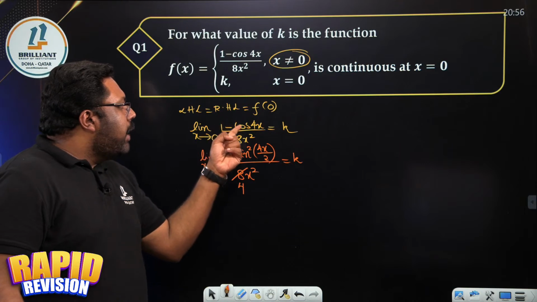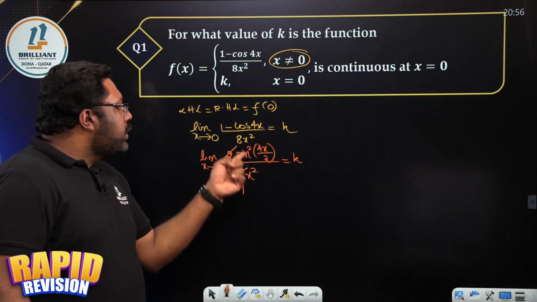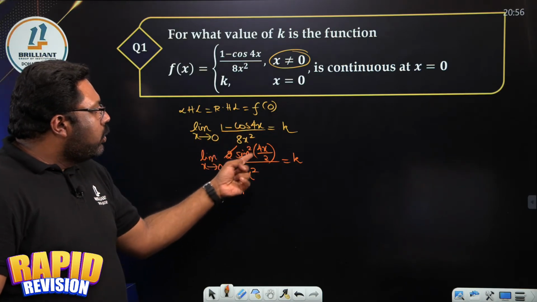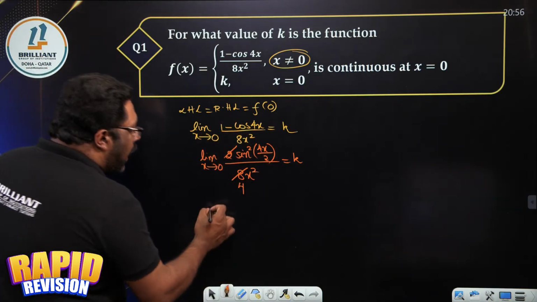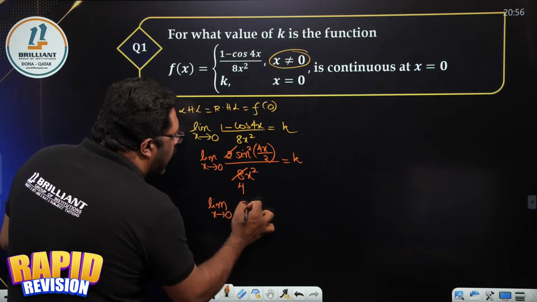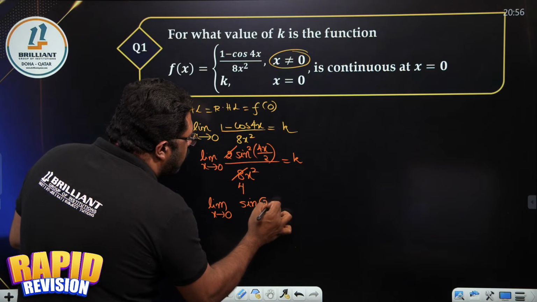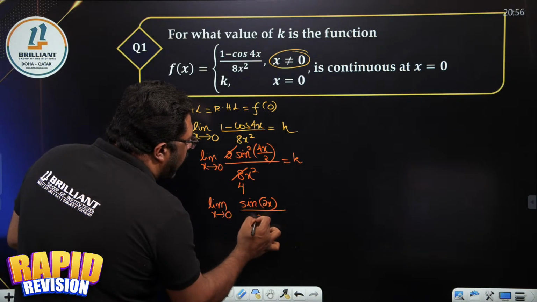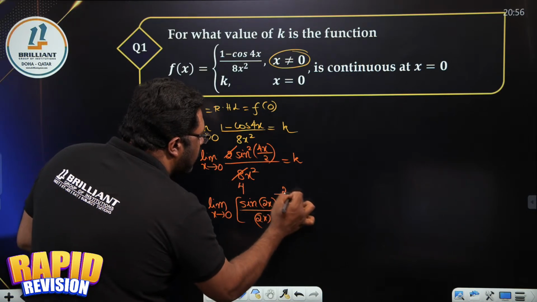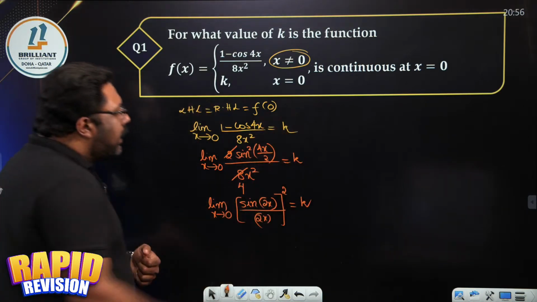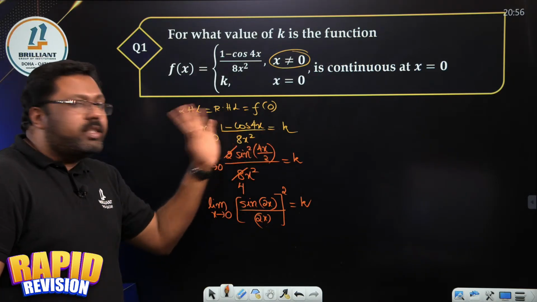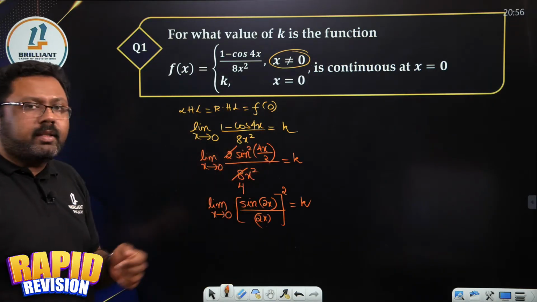All of you, 1 minus cos a is 2 sine squared a by 2. Now this left hand side clearly looks like (sine 2x by 2x) the whole squared, sine squared 2x by 4x squared.